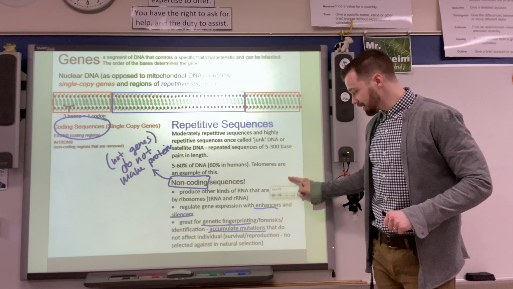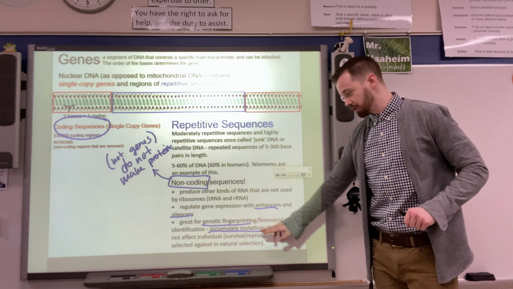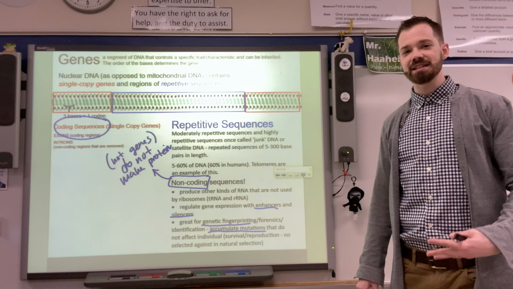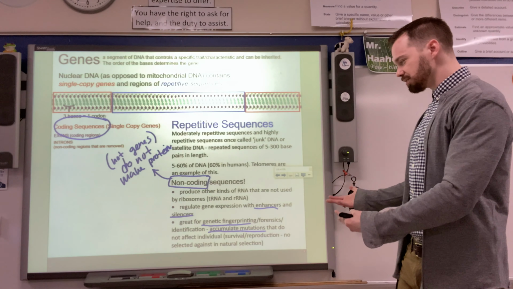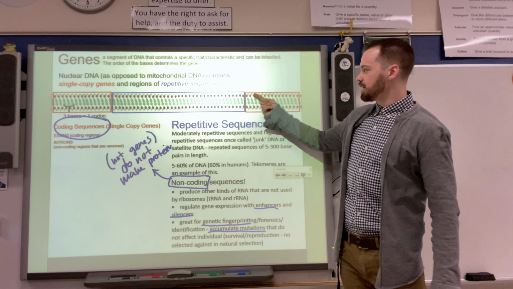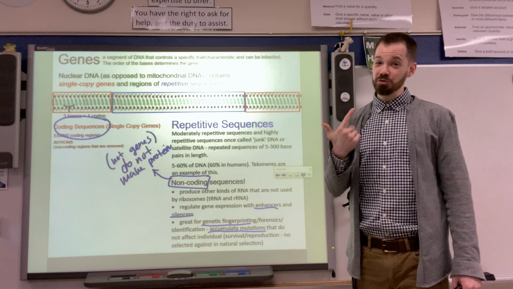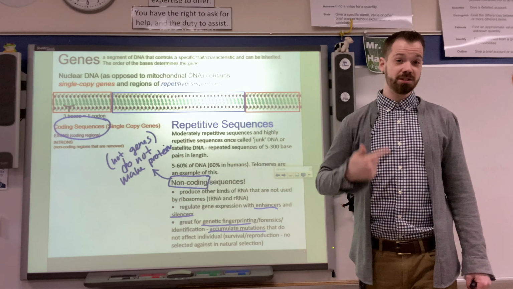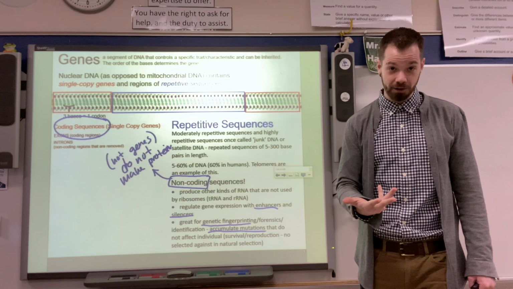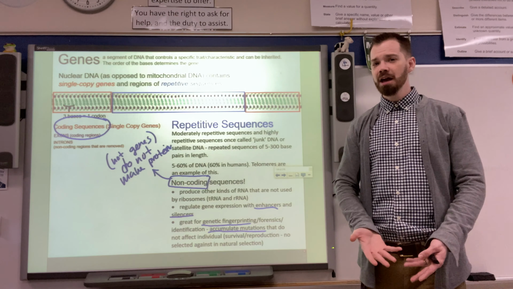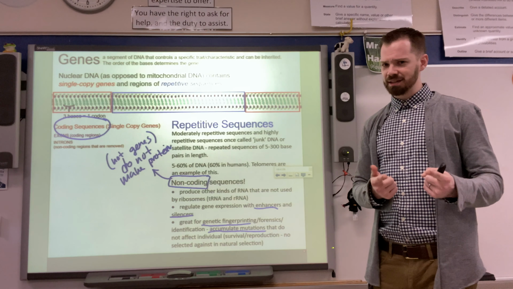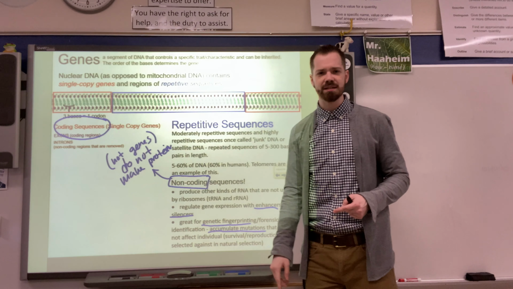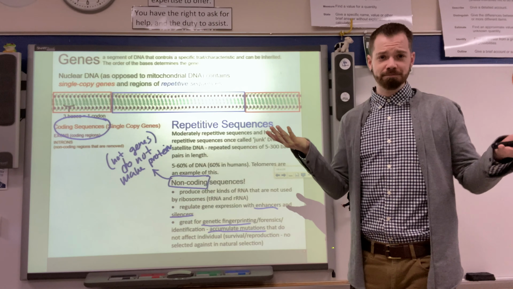It's also really, really important for genetic fingerprinting, or what you might know as forensic identification. It turns out that if you get a mutation in your genes, that could really affect you. It could affect your proteins, your traits, and even your survival. Maybe you don't survive as well. But if a mutation happens inside of your repetitive sequences, no big deal.